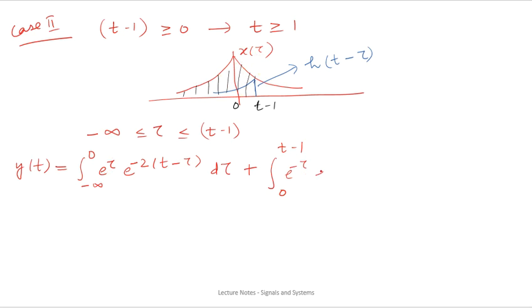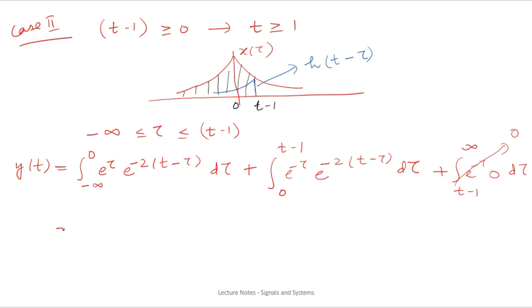That is why we have taken the different intervals. And then after t minus 1 up to infinity, there is no need to write it, although I just tried to have some more understanding. This h(t minus tau) will be 0, so there is no meaning of this integral. You can just write it to be 0.